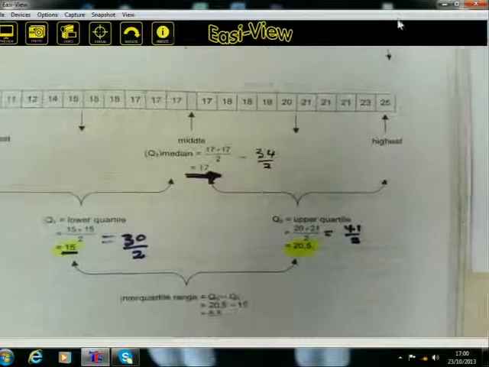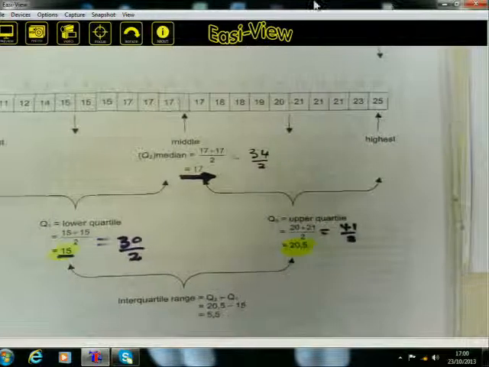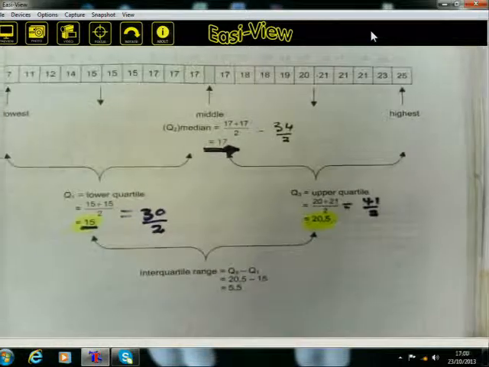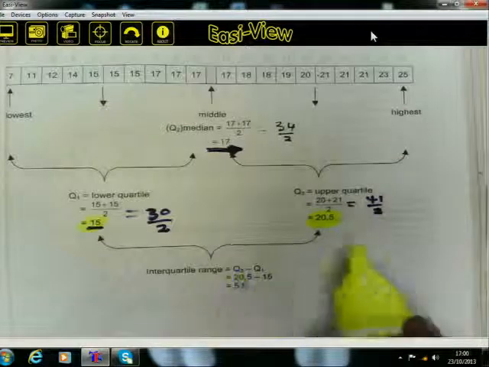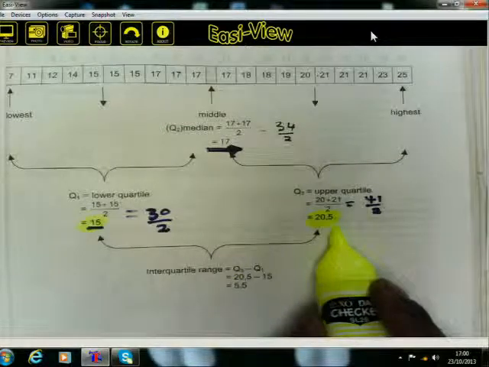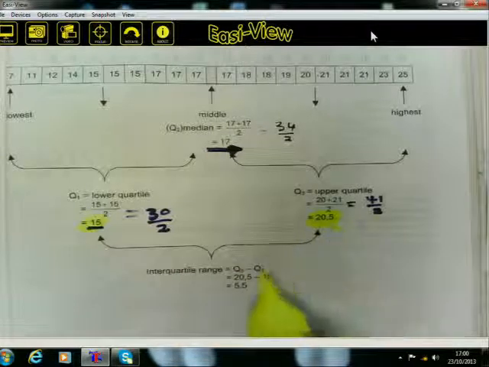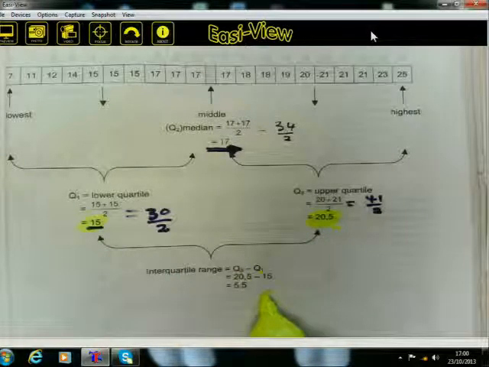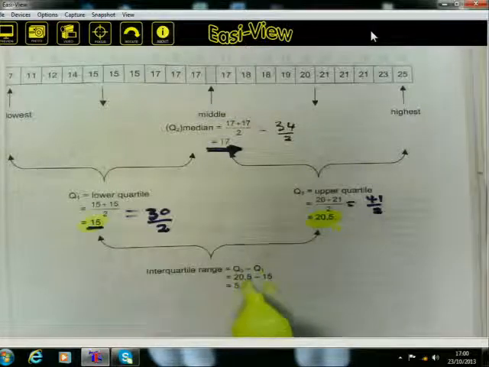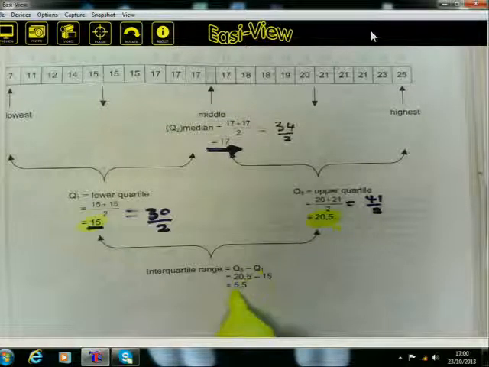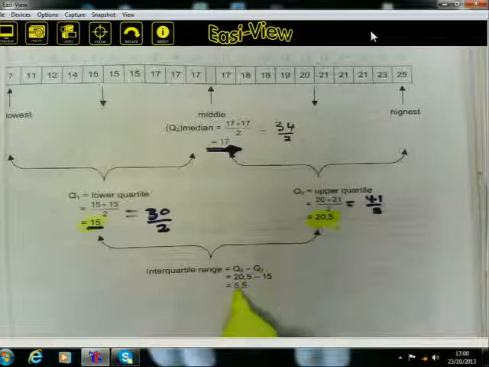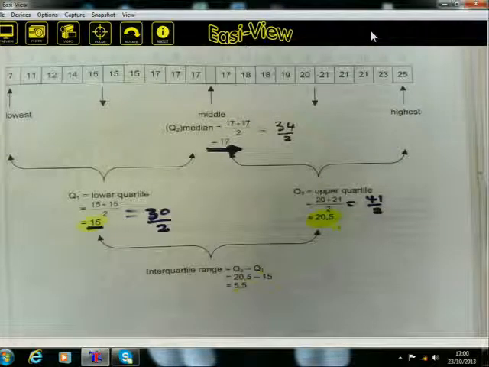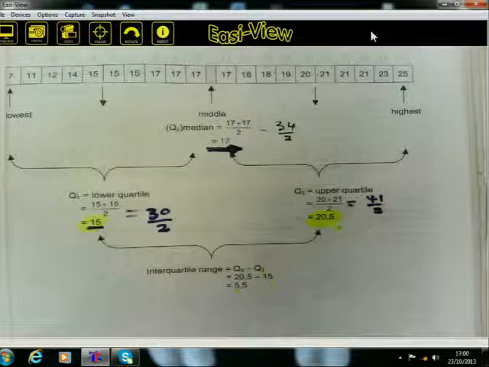That means my interquartile range will be Q3, that is 20.5, minus Q1, that is 15. What is 20.5 minus 15? That's 5.5. That means my interquartile range will be 5.5. Do you get the point now?